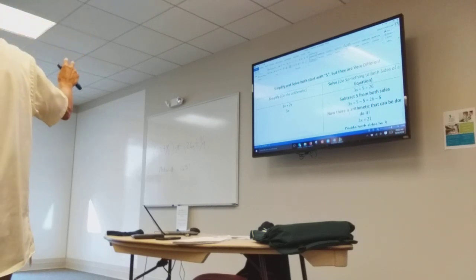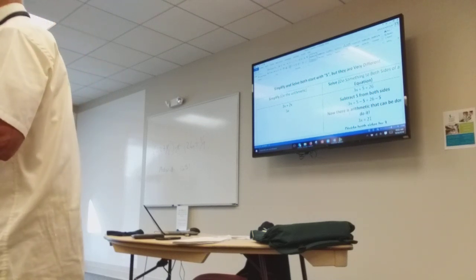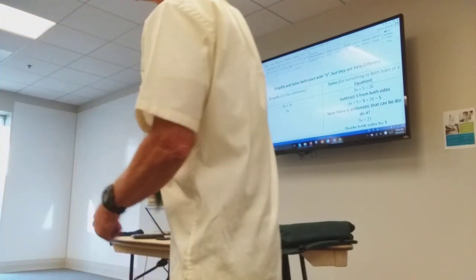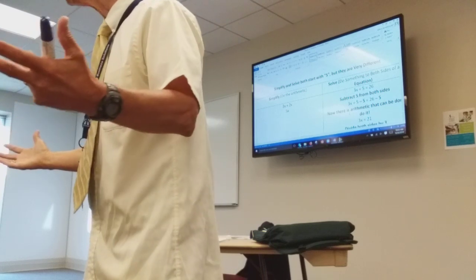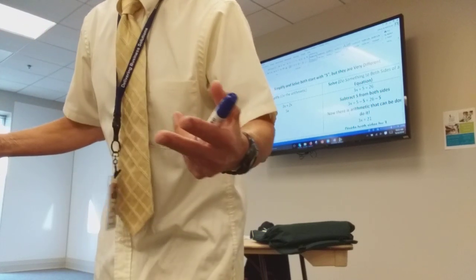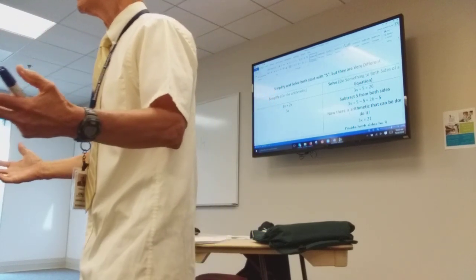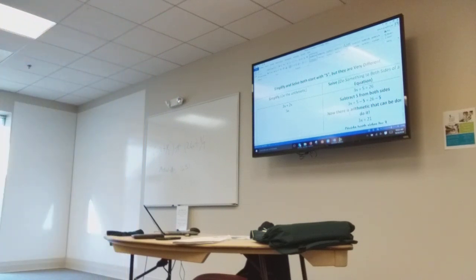That's simplify. What does simplify mean? Read the words after it. Simplify means, read them out loud. Do the arithmetic. Do the arithmetic. Dylan, what does simplify mean? Specifically, the arithmetic that's written.